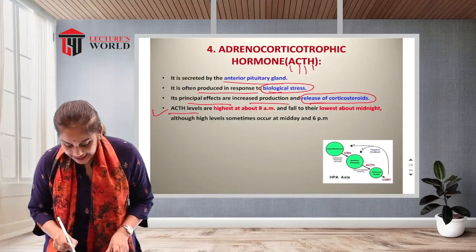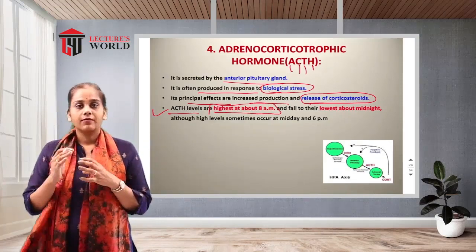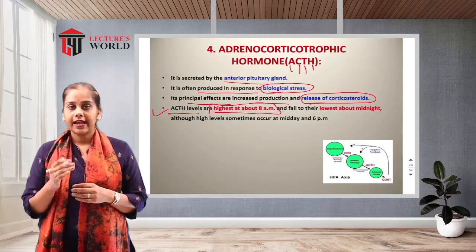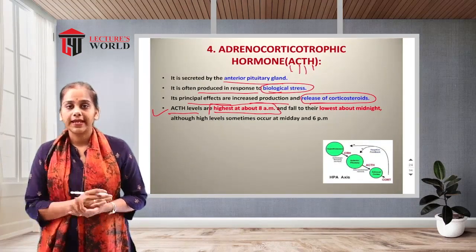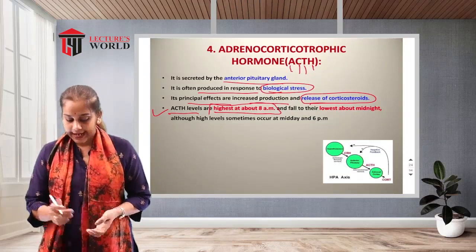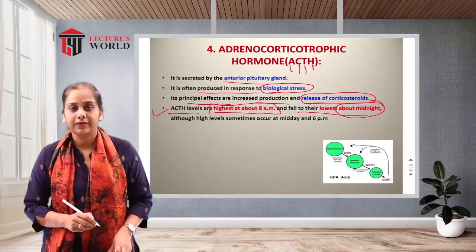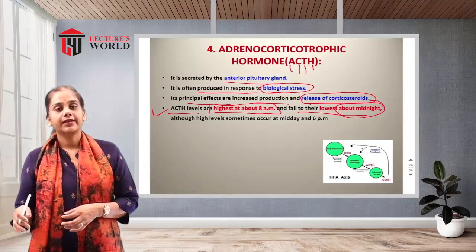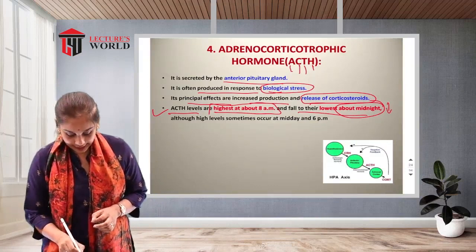ACTH levels are highest at 8 am, during the morning, so at that time the highest amount of ACTH will be secreted, and it falls to its lowest about midnight.